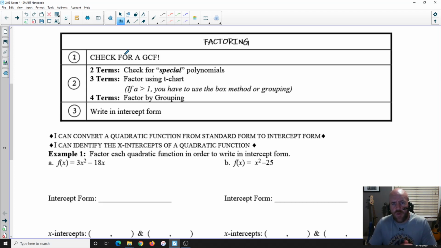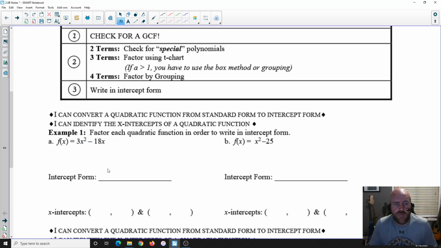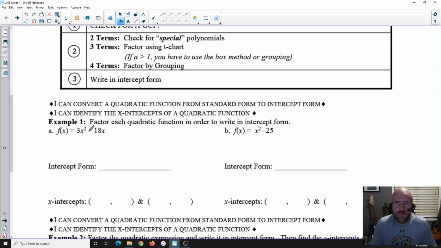So we want to be able to identify the x-intercepts of a quadratic function. So we're going to have to put this standard form function into intercept form. The first thing I want to do is look for a greatest common factor. If we look at 3x squared and 18x, we can see that there's a greatest common factor of 3 and an x.